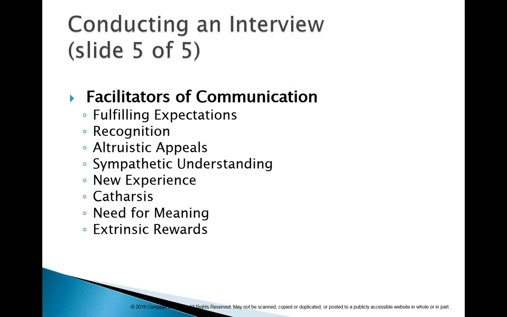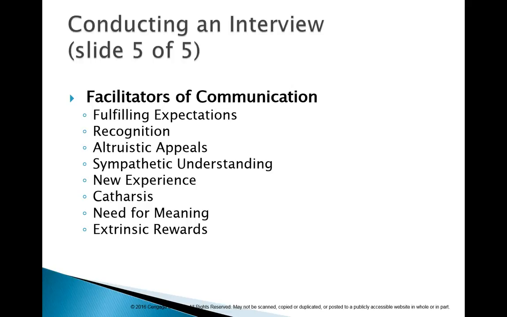Recognition. So, if we recognize people for doing the right thing, giving them a pat on the back, saying, "I'm really glad you talked to me," right? Providing any type of recognition helps a person want to give information. Altruistic appeals happen in church, like if the priest is trying to get you to confess: you're doing the right thing, God will be happy with you if you do this.